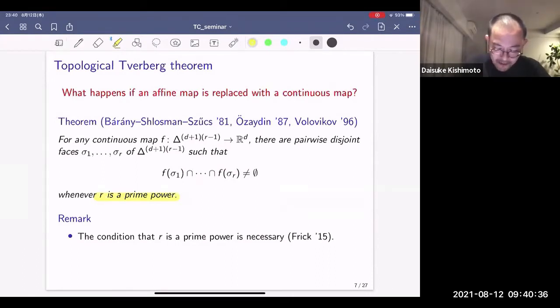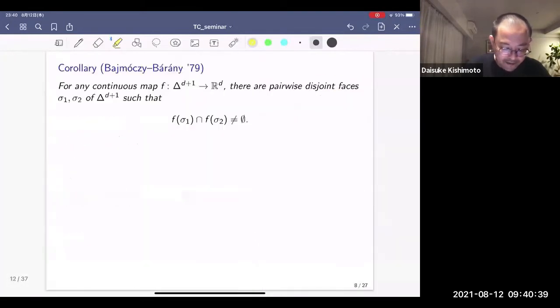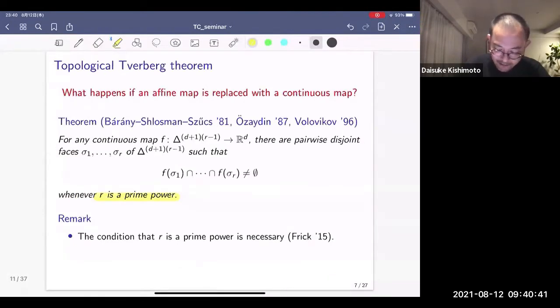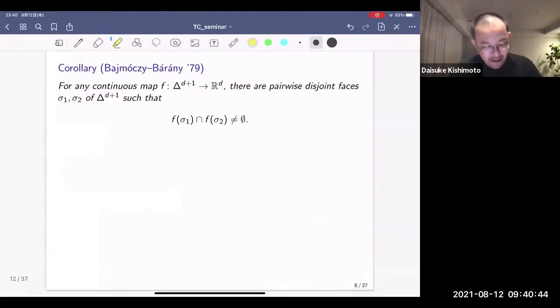Okay, so let me ask more questions. Oh, sorry, before asking my question, let me show some consequences. If we take R to be 2, then we have this corollary. For any continuous map F from the D plus 1 simplex into R^D, there are pairwise disjoint faces sigma 1 and sigma 2 such that F(sigma 1) and F(sigma 2) intersect.